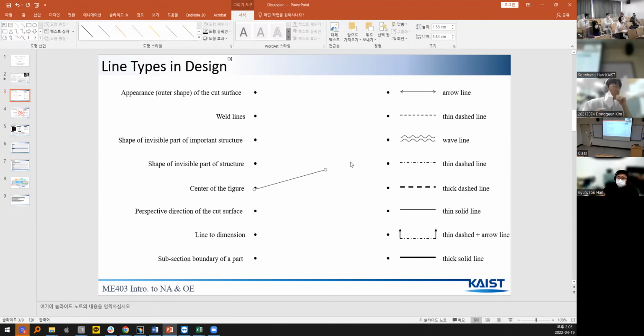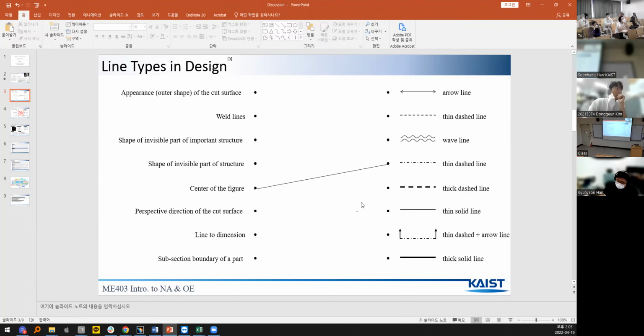There are two thin dashed lines. I think the perspective direction of the cut surface is the thin dashed one plus the arrow line.